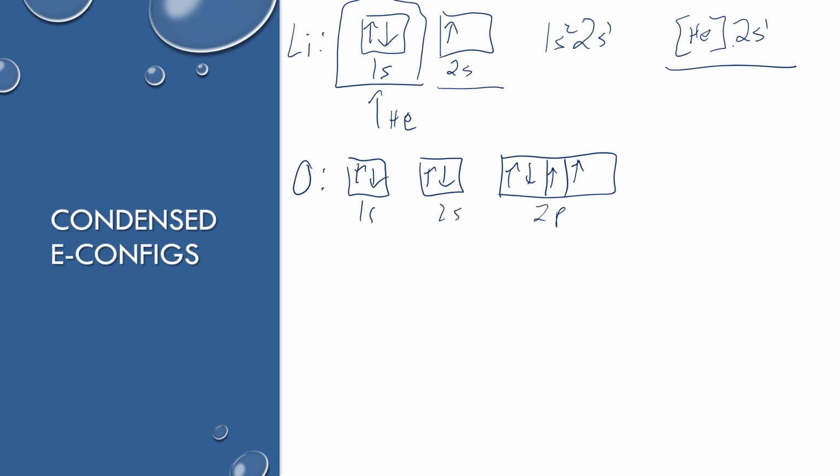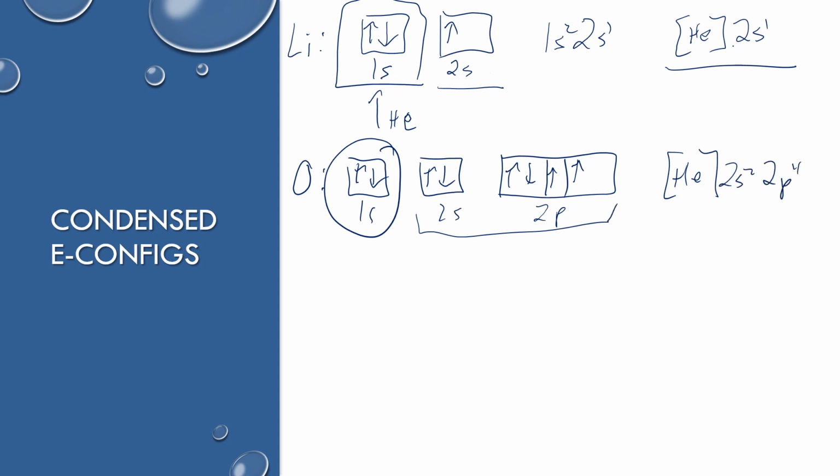Again, its first energy level is full, so I can say that it's effectively like helium, but with 2s2 and 2p4 in addition. So the benefit of this is that everything outside of the brackets is the valence electrons. Lithium has 1 valence electron, oxygen has 6 valence electrons.